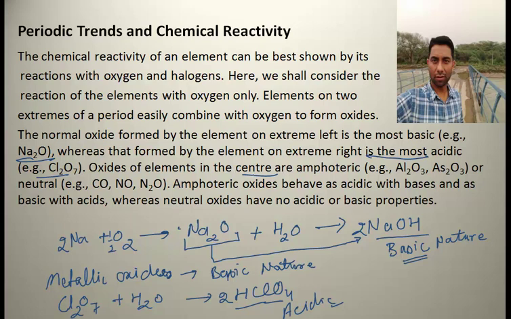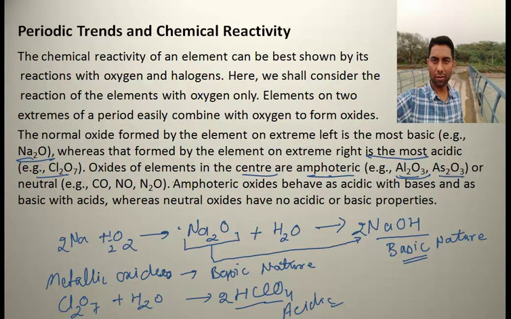Now the oxides of elements in the center will be amphoteric. Amphoteric means they can react both with acid as well as with base, right? So aluminium oxide is there and arsenic oxide is there.